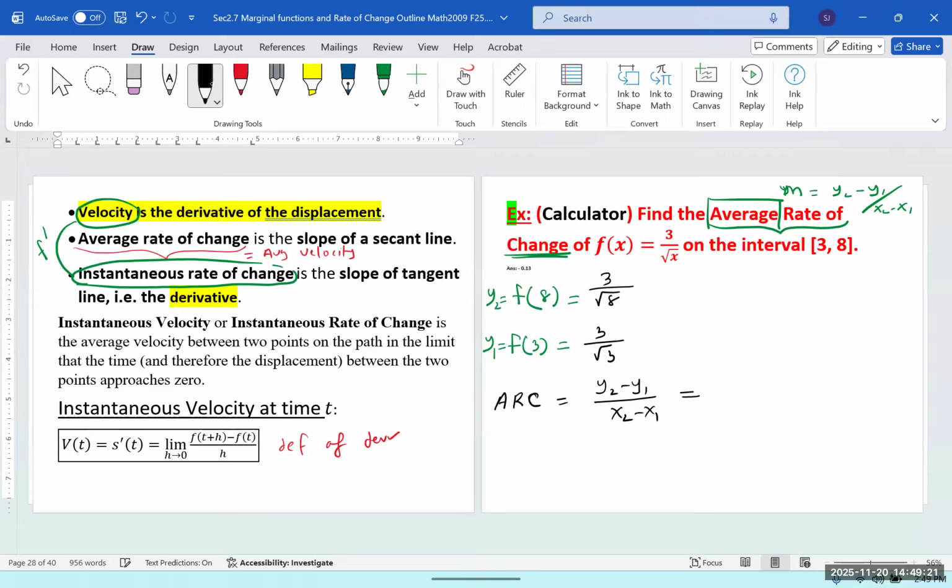In other words, it's 3 over square root of 8 minus 3 over square root of 3, whole thing divided by 8 minus 3. And then you go to the calculator, find out how much this is.